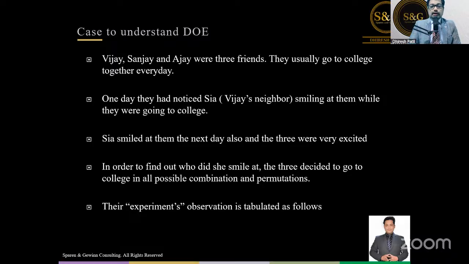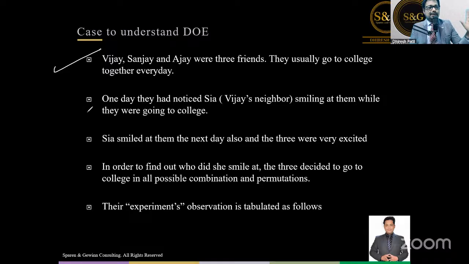There are three friends, Vijay, Sanjay and Ajay, college goers, young guys. Just like our old days, if you remember that movie, which I forgot the name. What is that? Jo Jeeta Wahi Sikandar. How many of you see Bollywood movies?